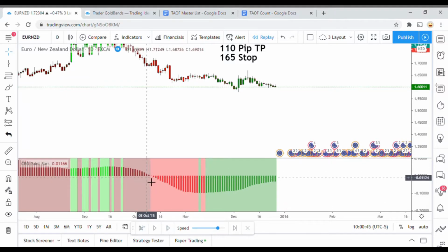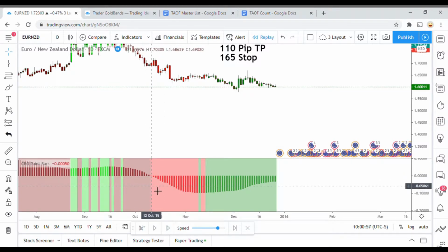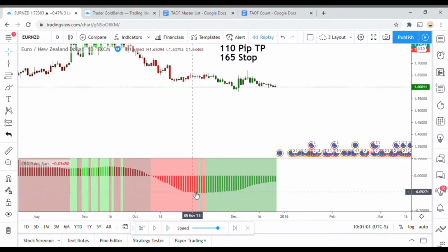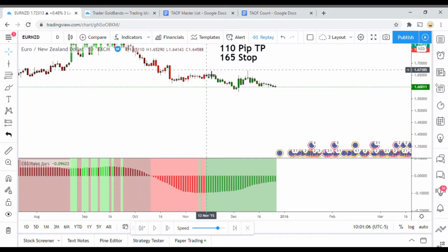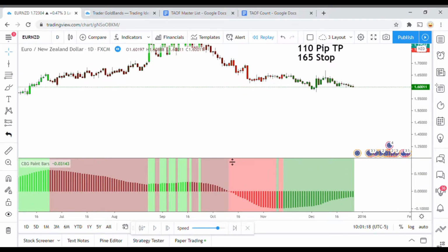And over here you can see the same thing as it crosses the zero line and gives us a sell signal. We have the lighter red color, and then as the histogram rolls over and starts to decrease in bar size, you can see that it starts to display this darker green colored background and bars.